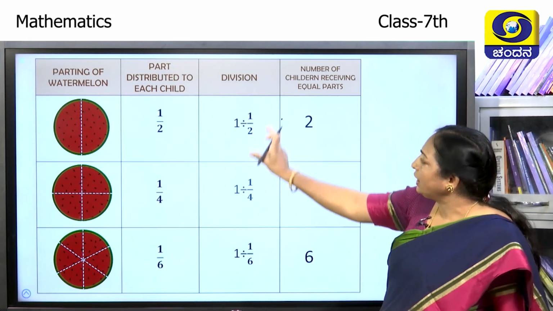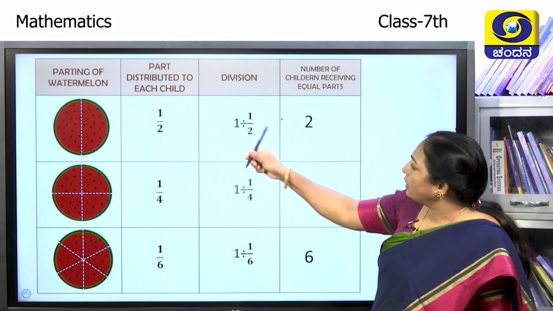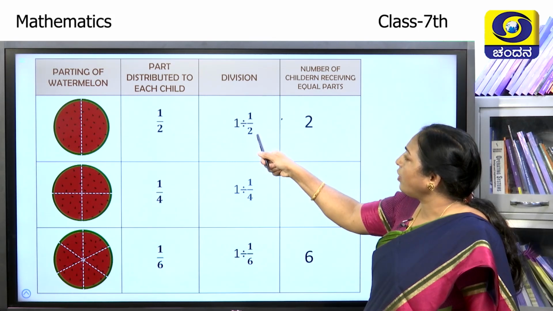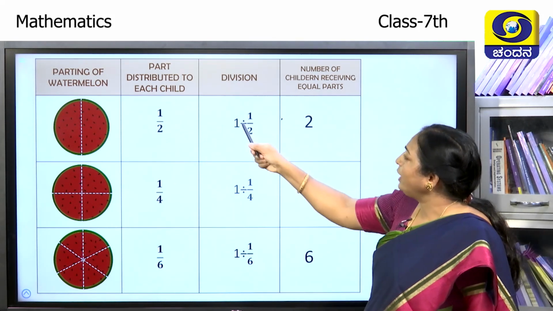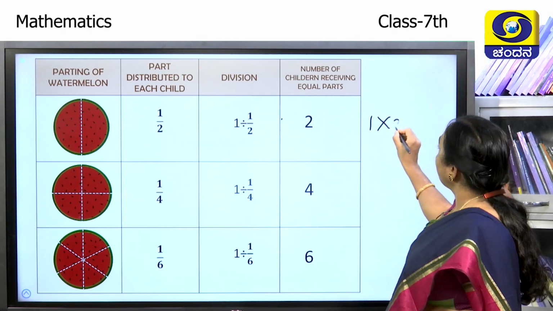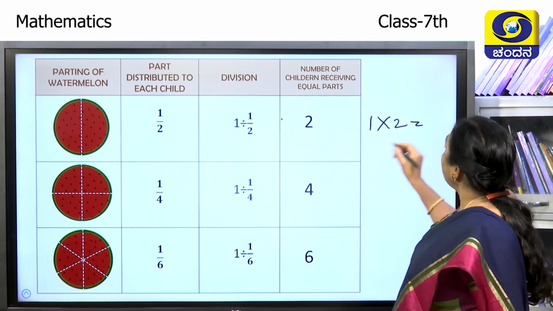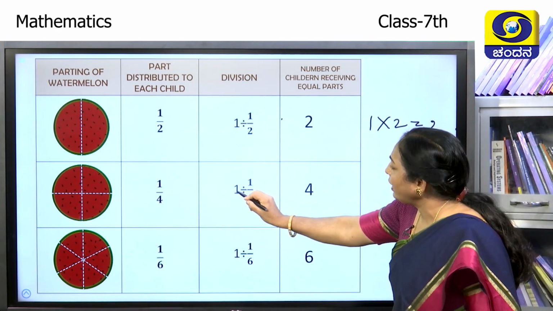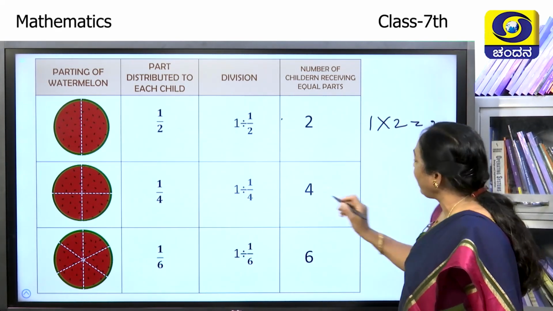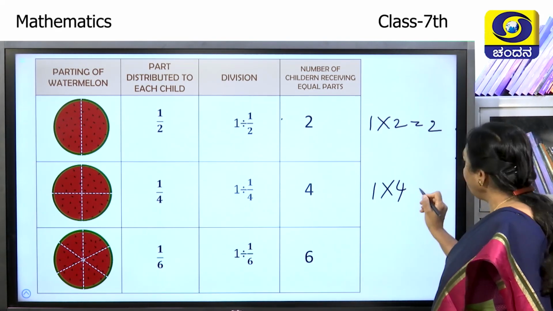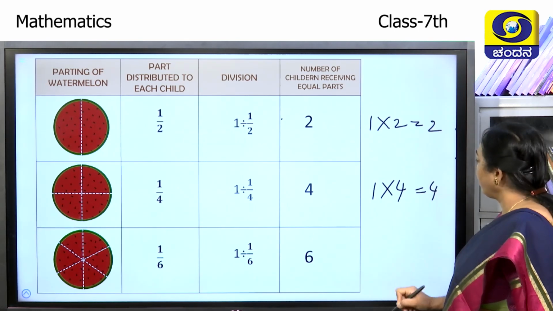By observing the division, there is a relation between the whole and the denominator of the fraction. By multiplying 1 and 2, we get 2 as the answer. Here also, by multiplying 1 and the denominator of this fraction, we get 4.